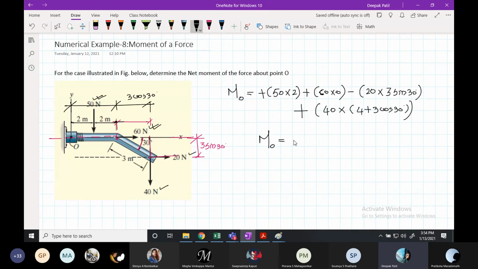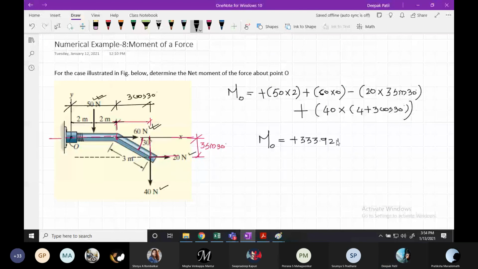Okay, I will write. I'm getting plus 333.92. Everyone is getting the same answer?